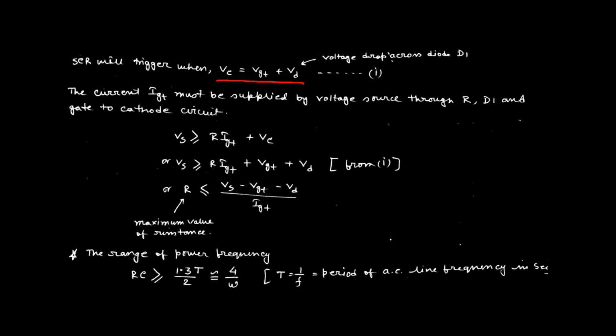The current IGT must be supplied from the voltage source through R and D1, and the gate to cathode circuit.